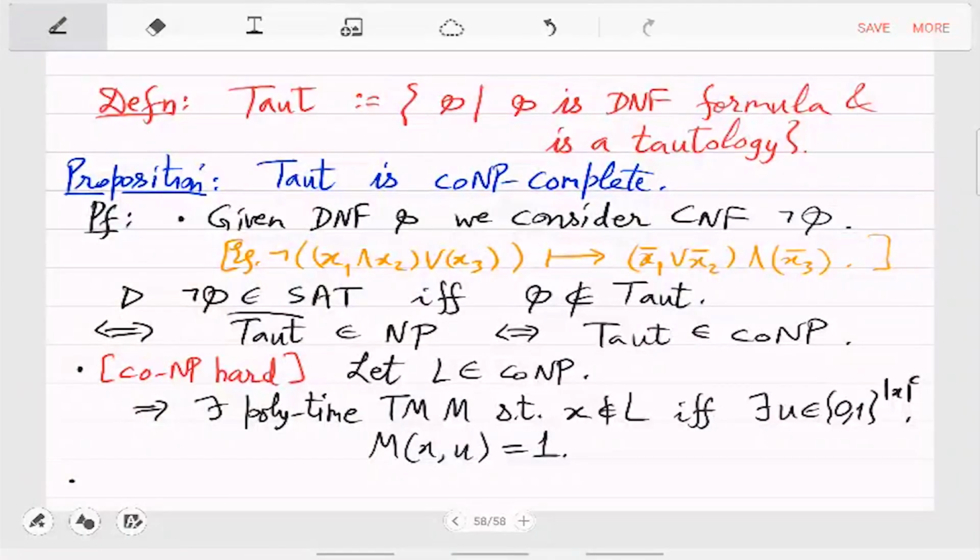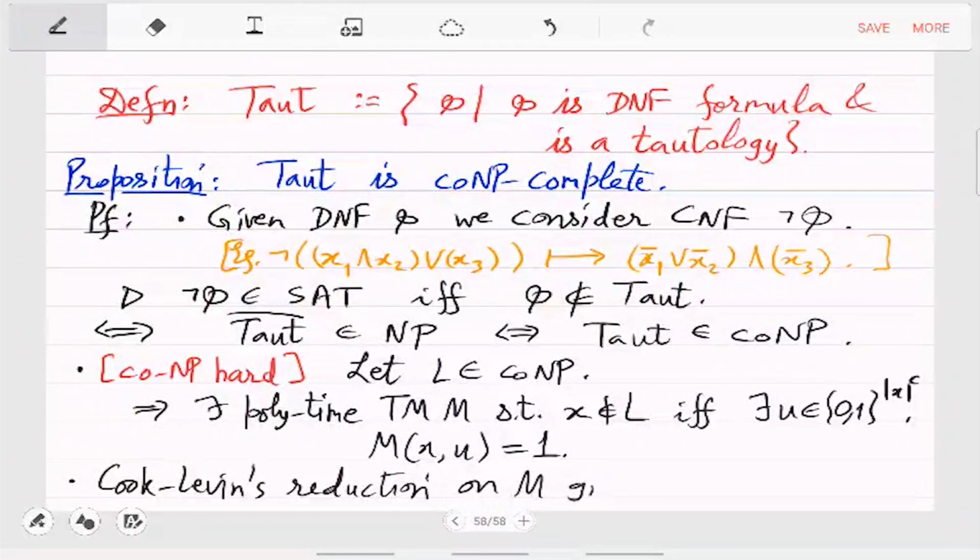So now Cook-Levin's reduction on M gives a CNF phi_{x,u}.